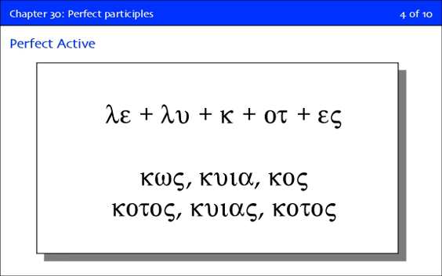The omicron lengthens to an omega. You get kos. And in the neuter, you have a sigma also, and the tau drops off before sigma, but the vowel doesn't lengthen. So you get cos. Now again, it's not important that you go through those gyrations. You just need to memorize the 6 forms, but I think it's helpful if you know what's actually going on.